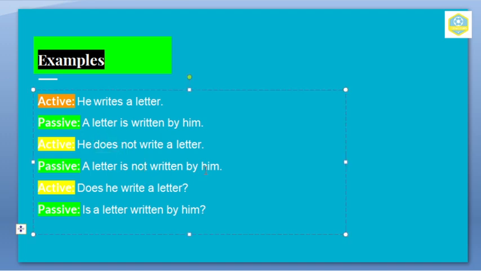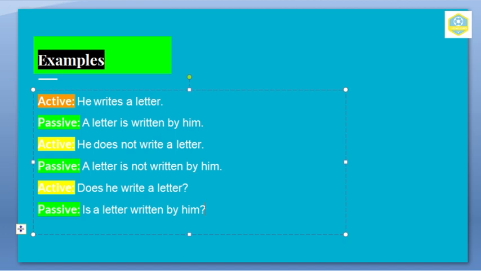Does he write a letter? Instead of does, because we are changing this simple into the passive, it becomes: Is a letter written by him? We can make the question mark.